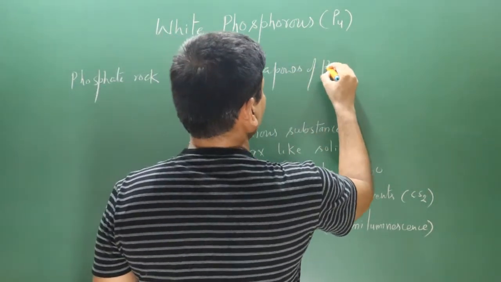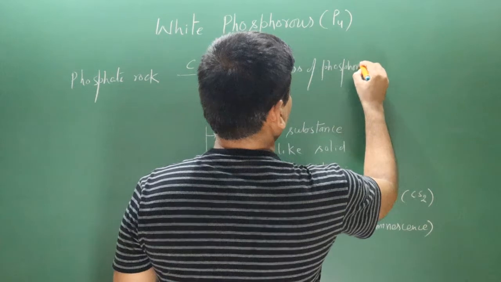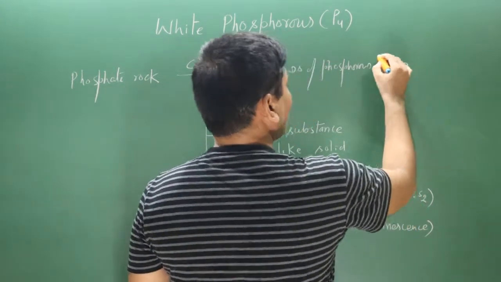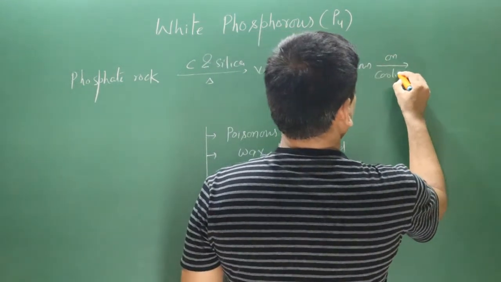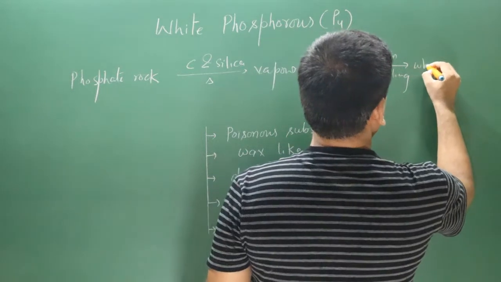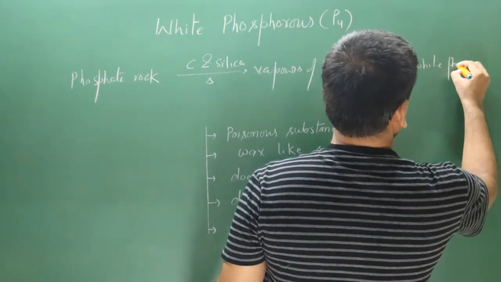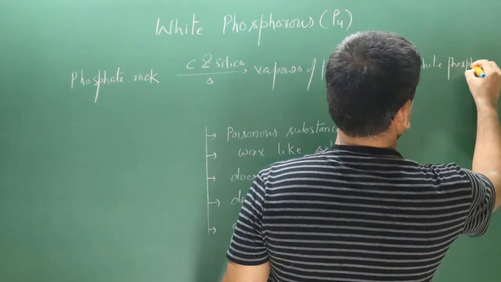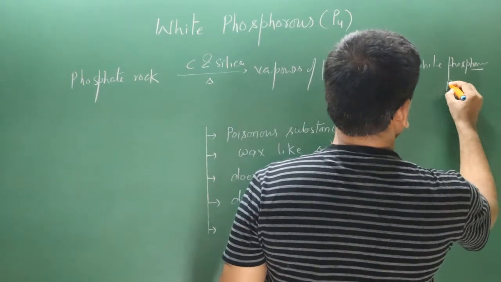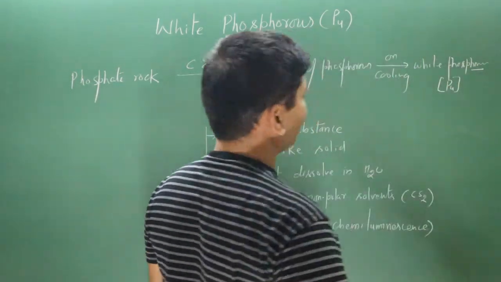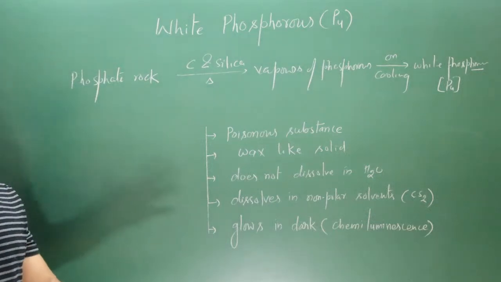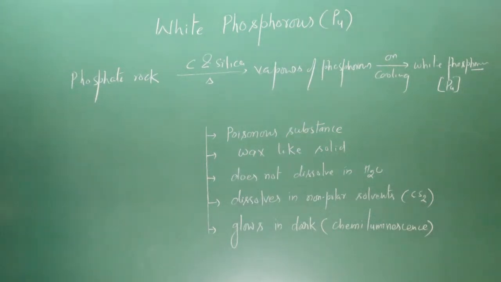And on cooling these vapors, we get white phosphorus, that is P4. This is the only method we have for the preparation of white phosphorus.